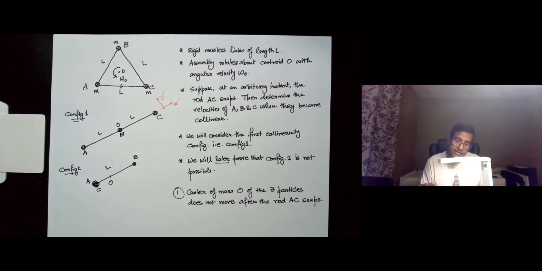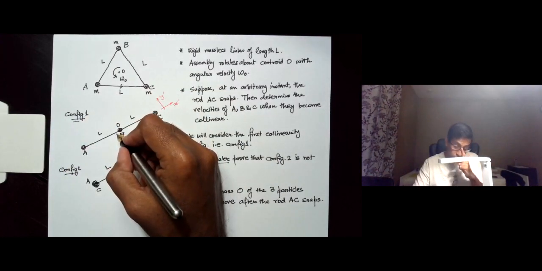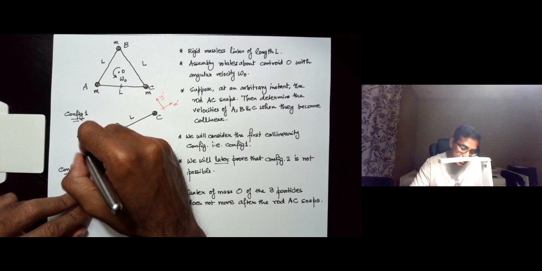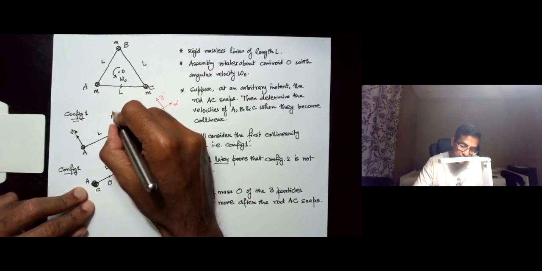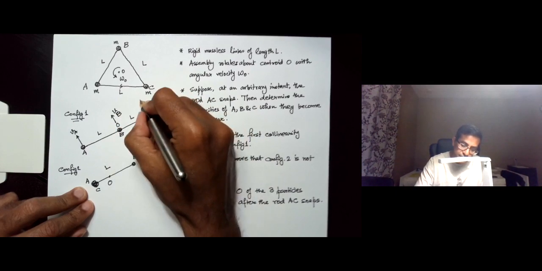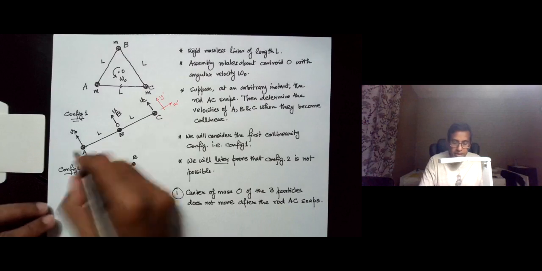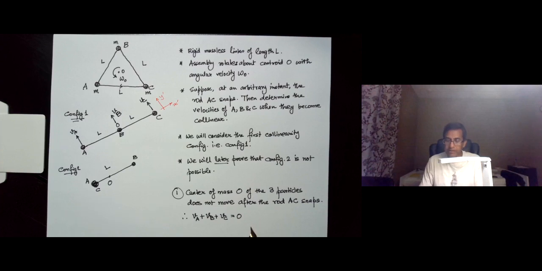So the only way that the center of mass will not move is if the velocities of A, B and C are perpendicular, in the y prime direction, and VA plus VB plus VC is equal to 0, or in other words, the linear momentum. Essentially, this is linear momentum conservation.